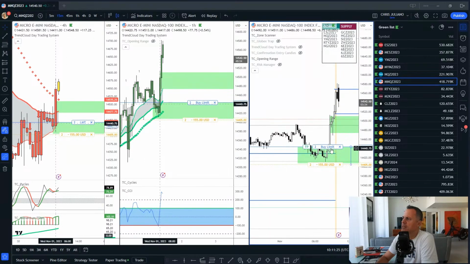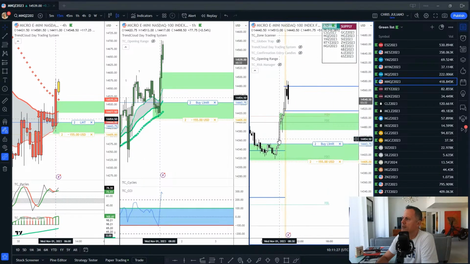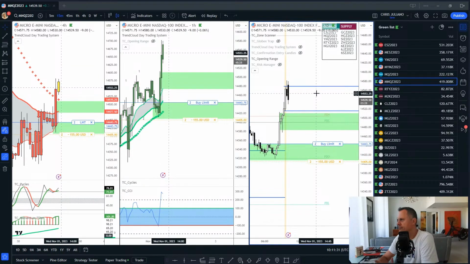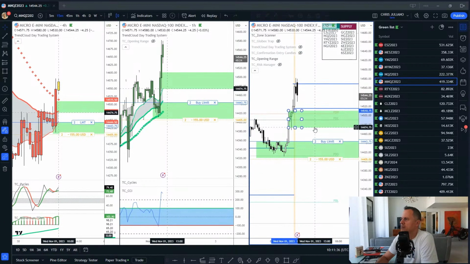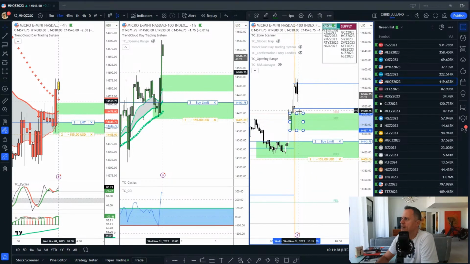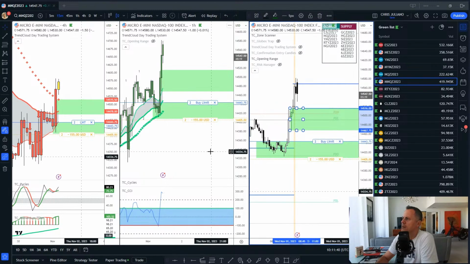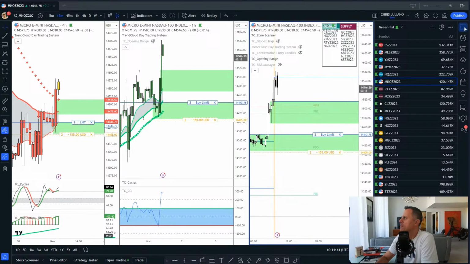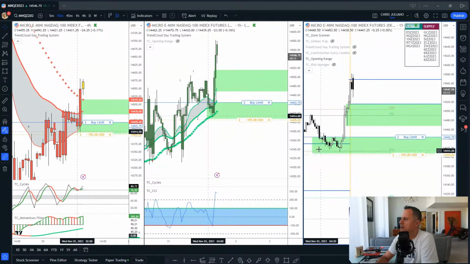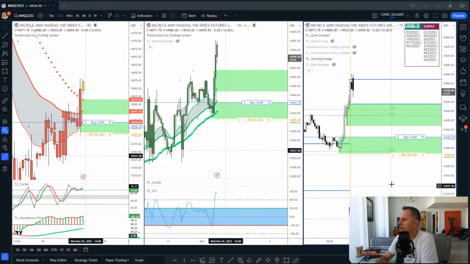And down here we have more of the beginning of that leg up. So I would draw it out like that, and take the risk there. Take the trade on that situation.